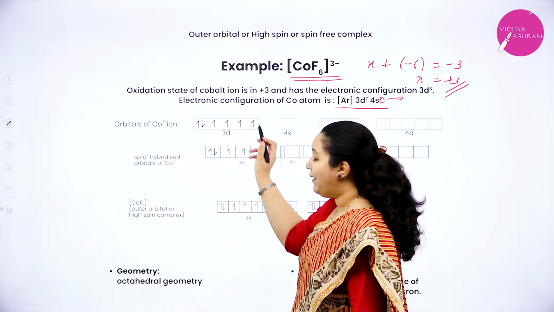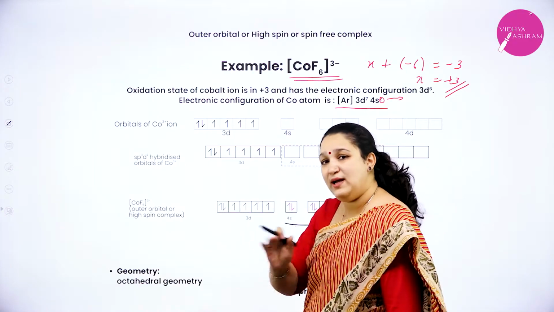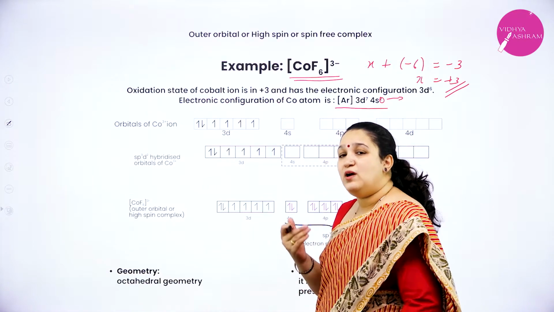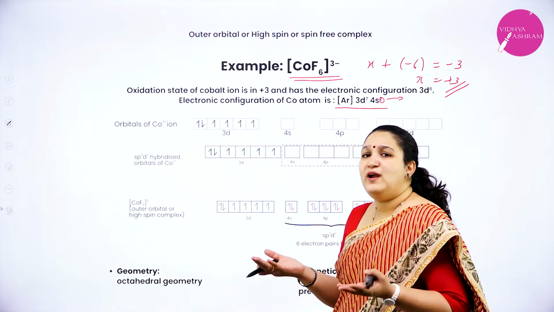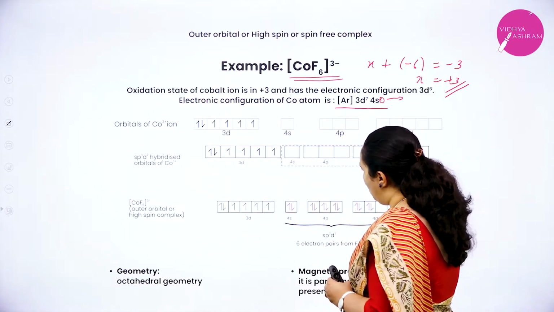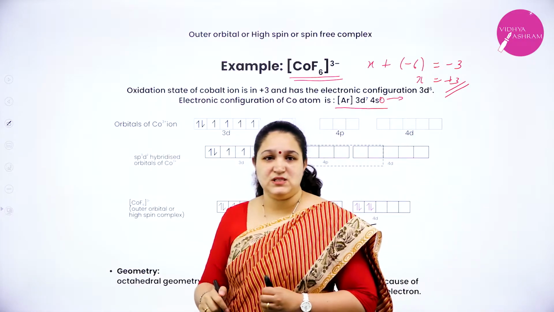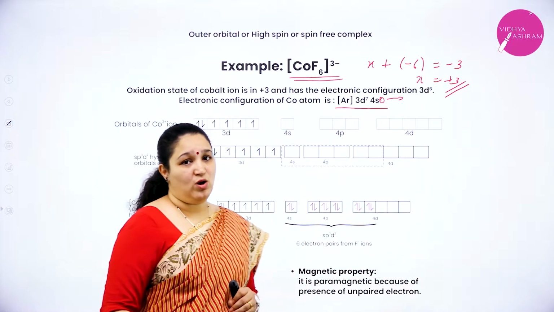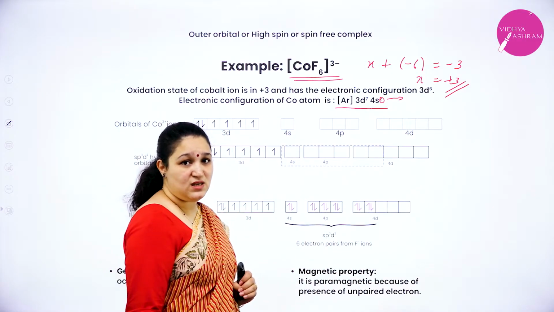The pairing up against Hund's rule will not happen. But we need vacant orbitals. From where do we get the vacant orbitals? Of course, after this you have many vacant orbitals. You need 6 vacant orbitals because we have 6 ligands.